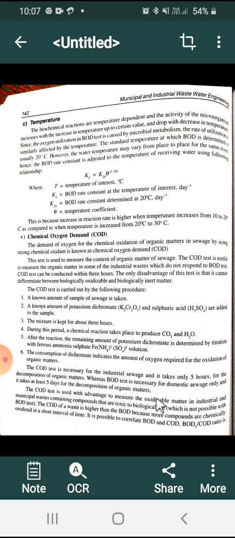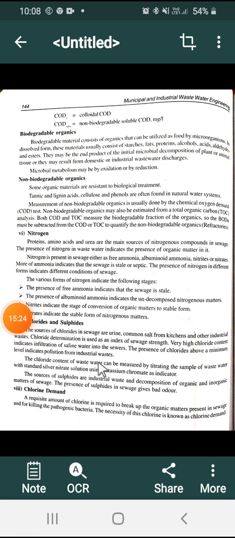Just to go through, the COD is independent. Using chemicals we can determine the dissolved oxygen. Without using chemicals, if we conduct the experiment in the laboratory and find out the oxygen demand, then it is called BOD.